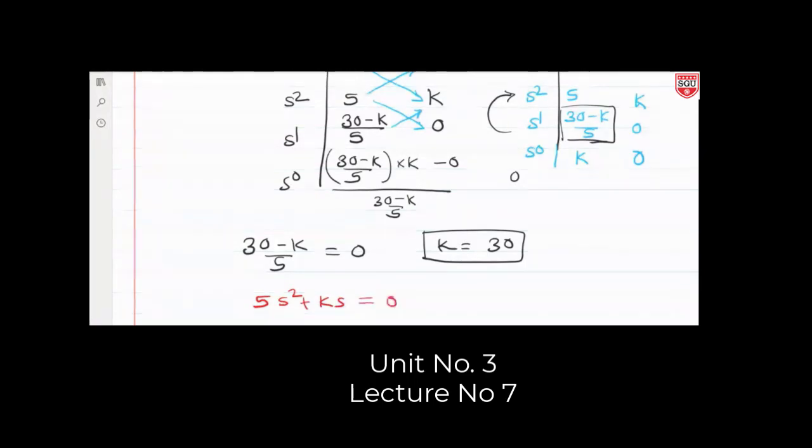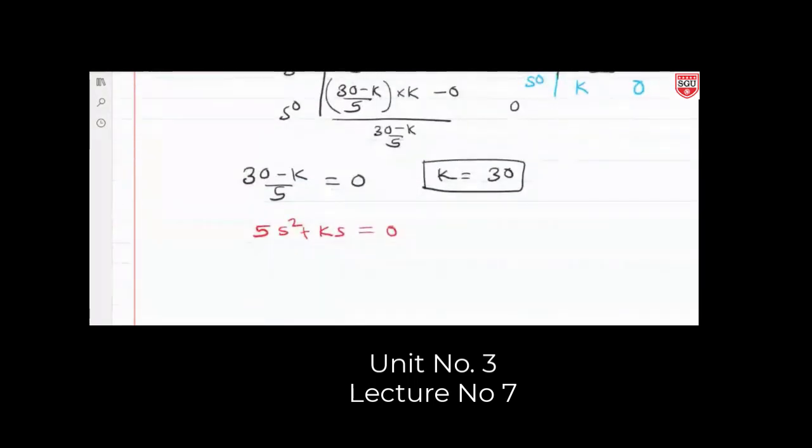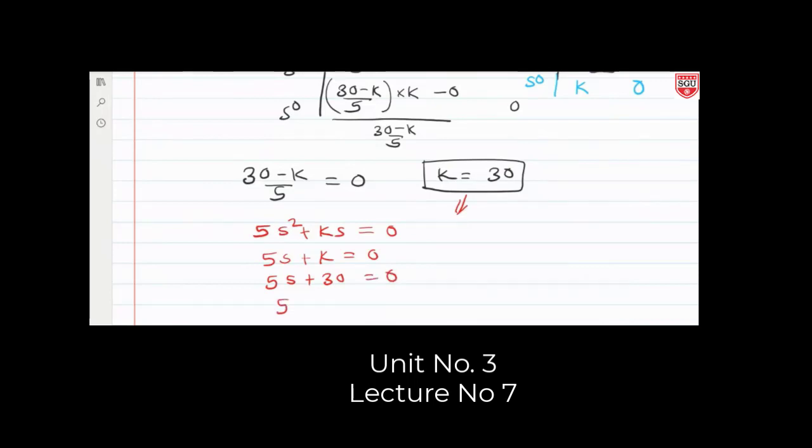And we have to solve this. So 5s square plus k, with k equal to 30 which we have found already, is equal to 0.